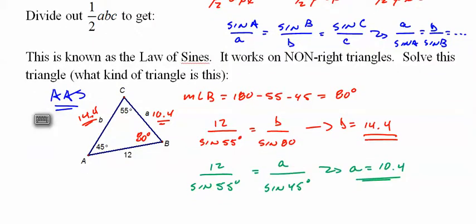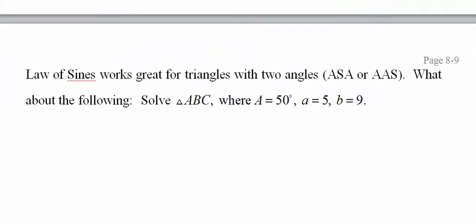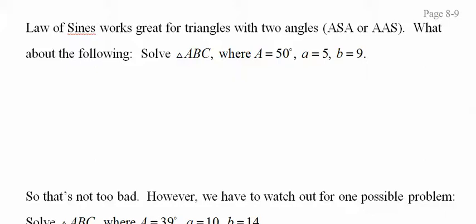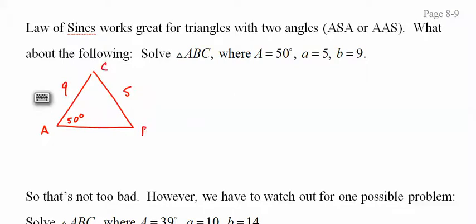Nice. But we got a major problem. If you give me two angles, angle side angle or angle angle side, we're in good shape. However, this goes back to geometry. What if you gave me A is 50 degrees, you've given me angle side side, and that does not determine a triangle.